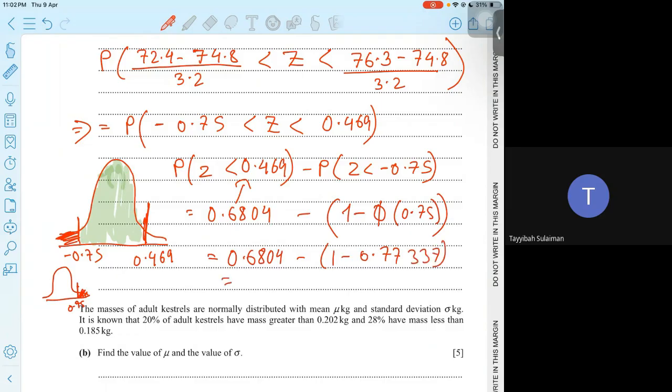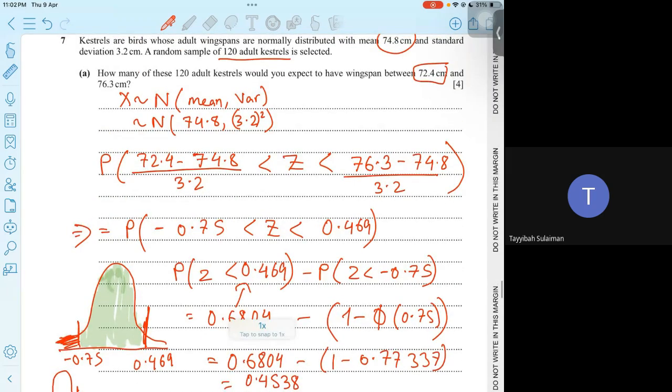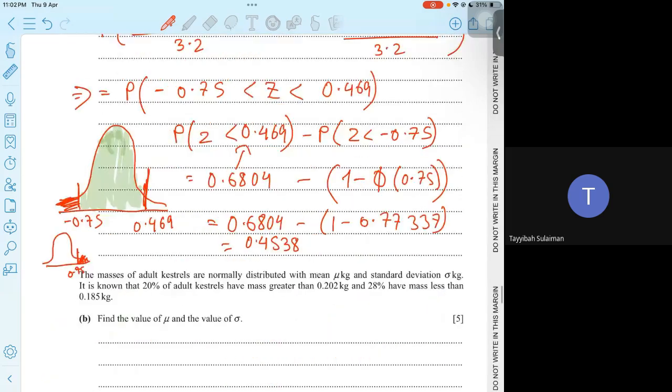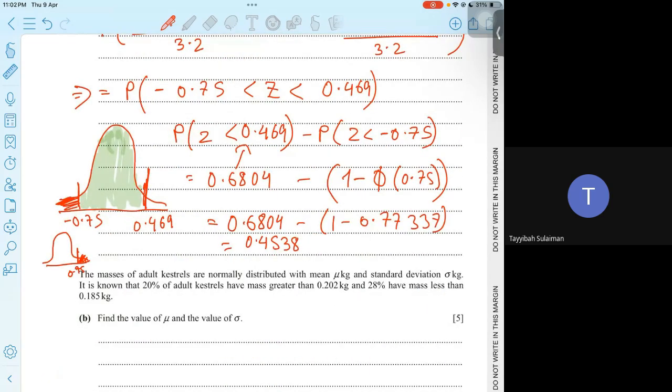And this answer should be 0.4538. Okay. And the question says to find this with 120 adults, so I have to multiply this value with 120. This is the probability, and this is the number, and then I get the actual value.